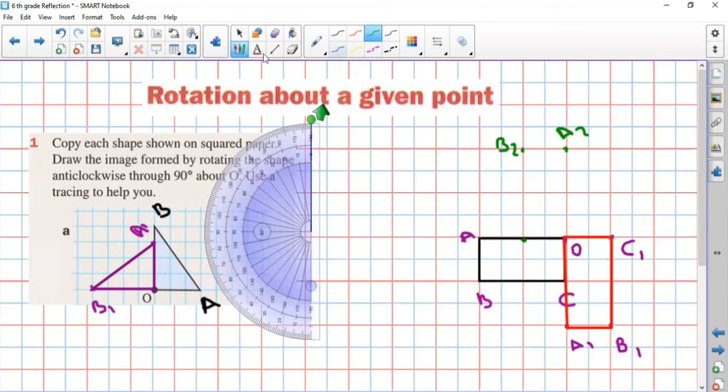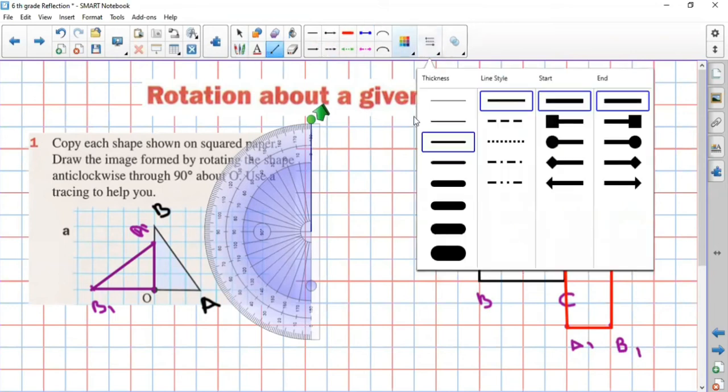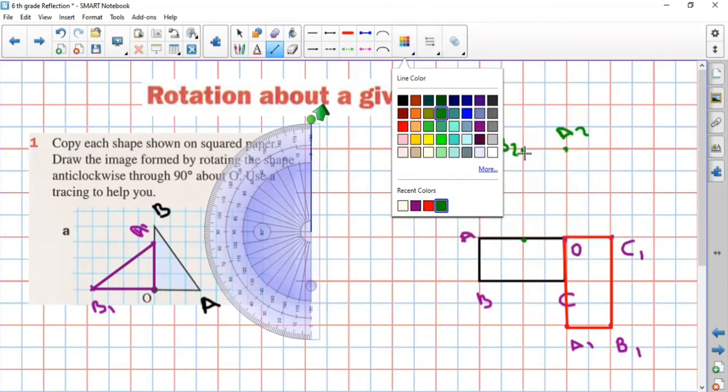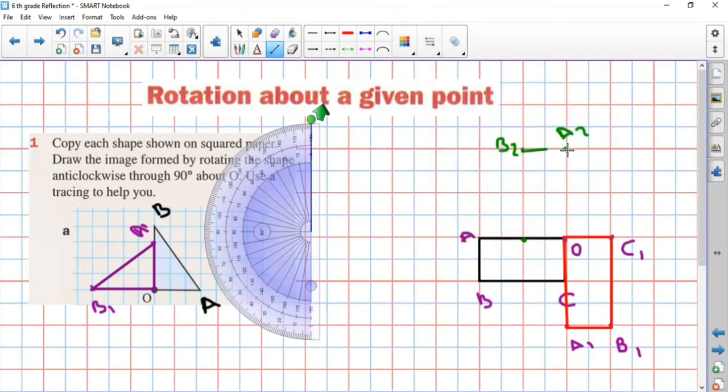And if we join all these points, we'll have the rotation.